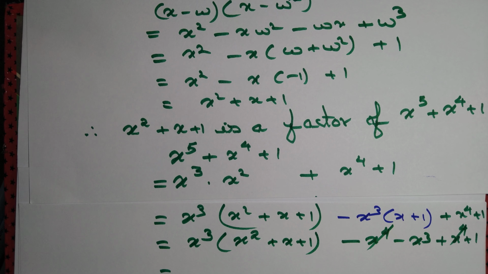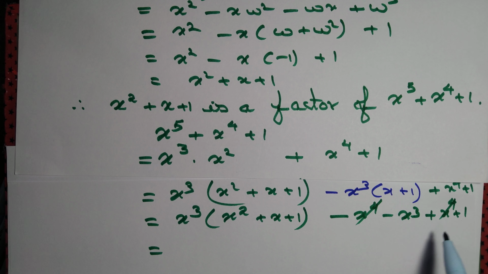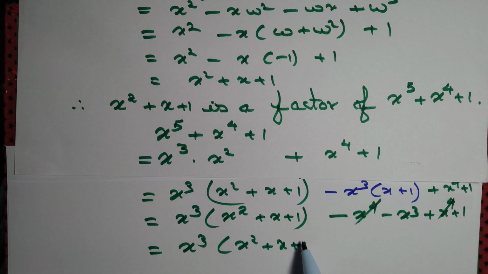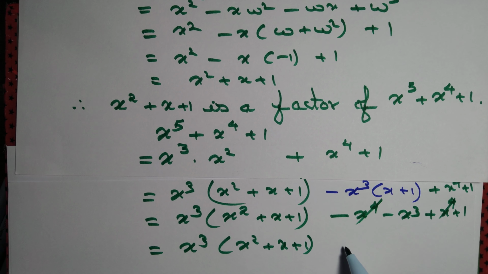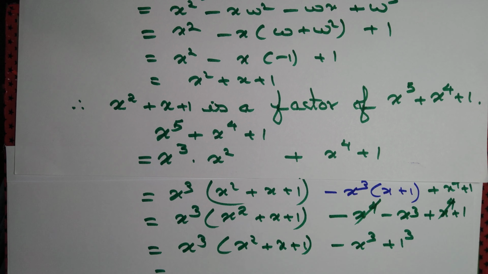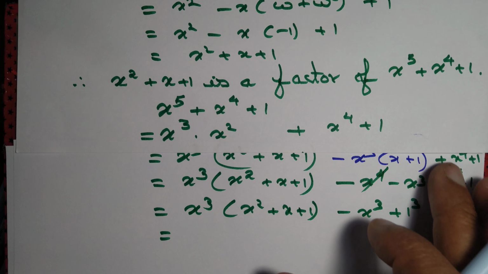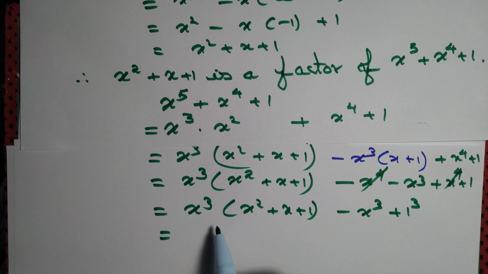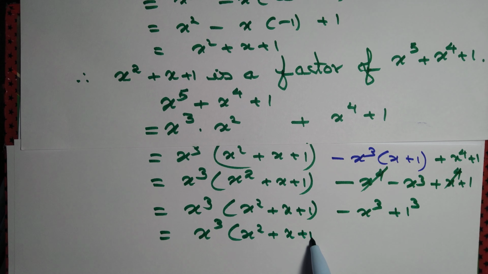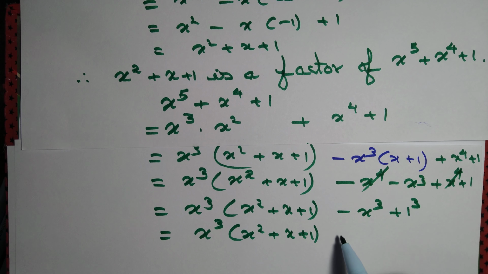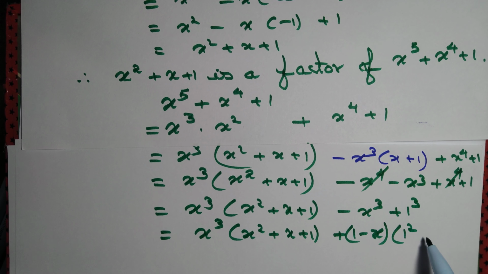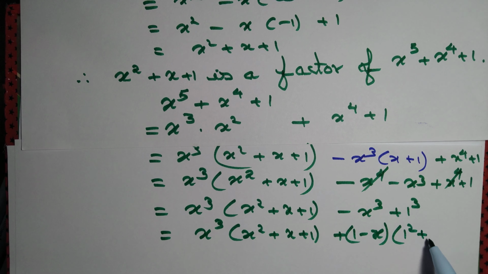We are left with minus x cubed plus 1, and 1 cube minus x cube can be written using the formula a cube minus b cube, that's a minus b into a square plus ab plus b square. So 1 cube minus x cube is 1 minus x into 1 plus x plus x square.